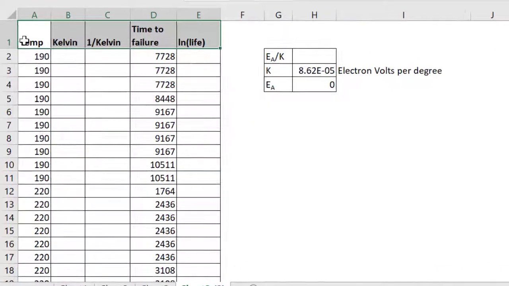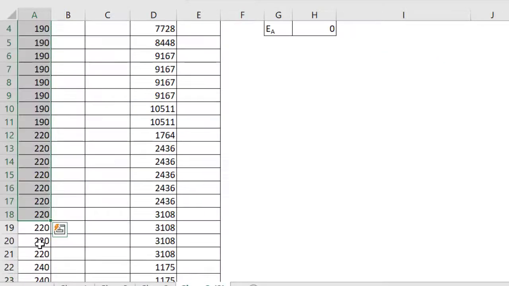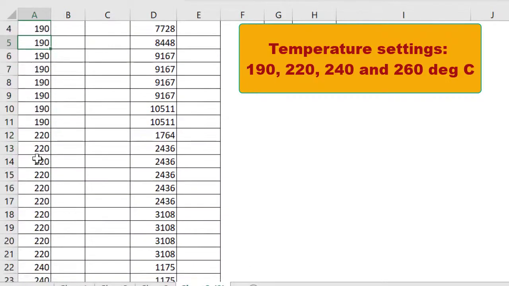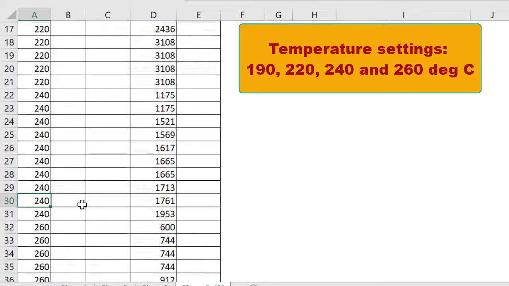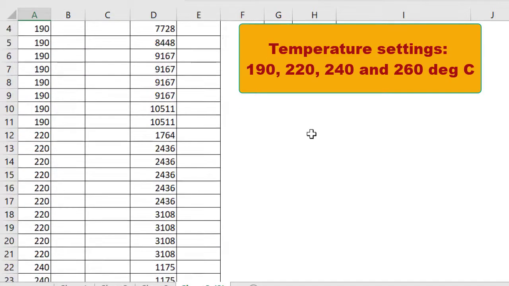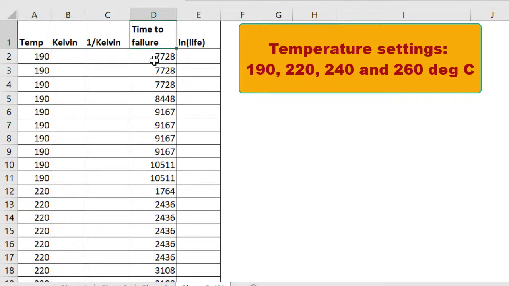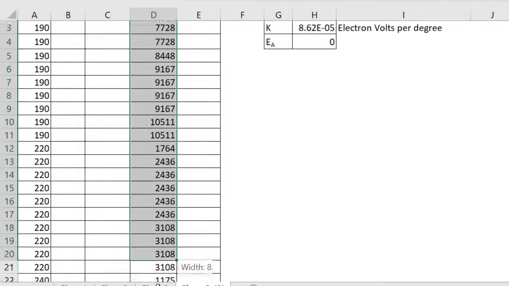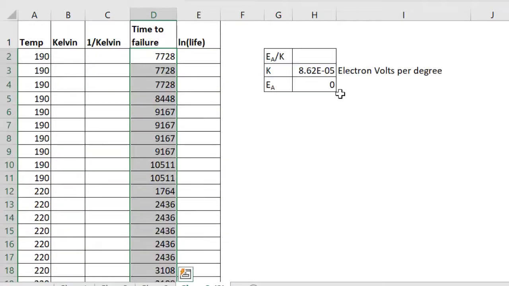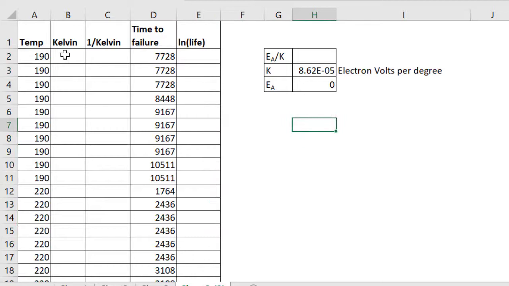This is the data of temperature versus time to failure. As you have seen, there are 4 temperature settings which are listed here: 190, 220, 240 and 260, and the life or time to failure is tabulated in this column. Now I have created two extra columns, Kelvin and 1 upon Kelvin. The temperature in the first column is in degrees Celsius.